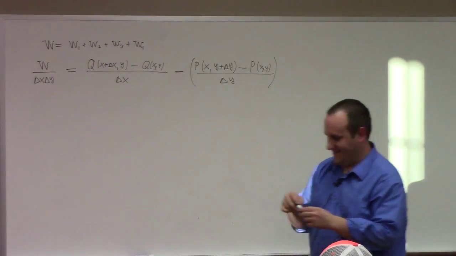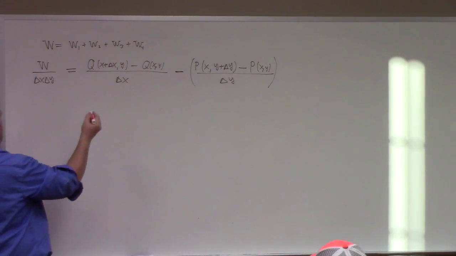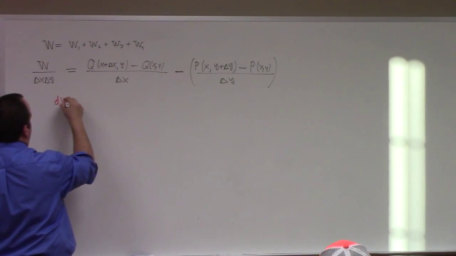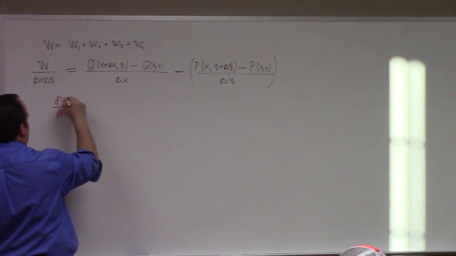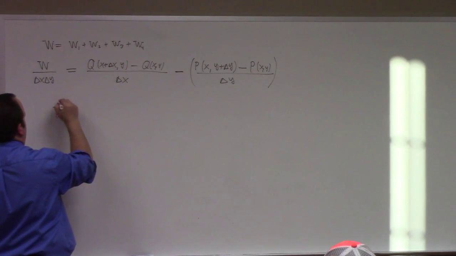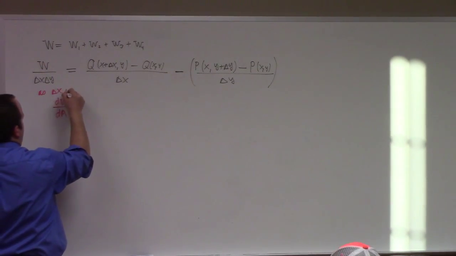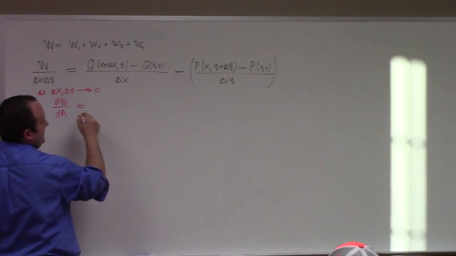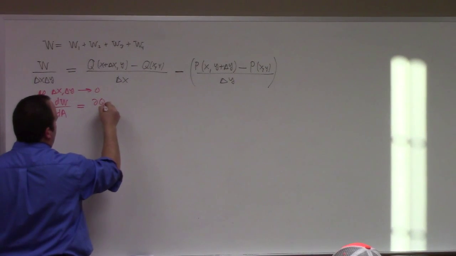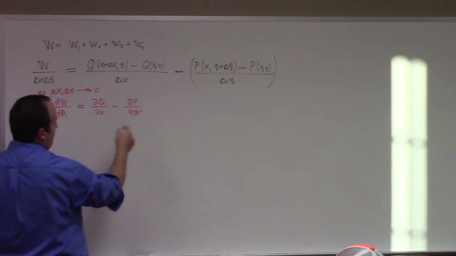Indeed, a minus is a plus. So what this shows us is the work, in some sense, per unit area, right? As delta x, delta y go to 0, we obtain something like the work per unit area is partial Q partial x minus partial P partial y.